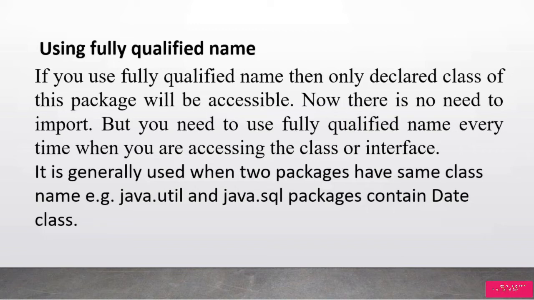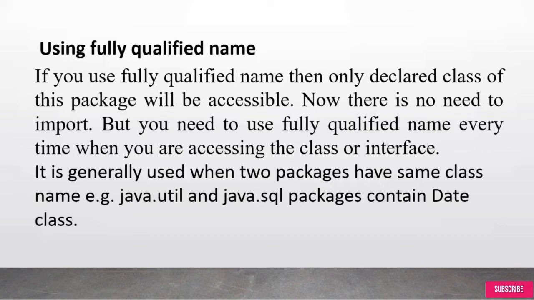Every time we need to write a fully qualified name because we haven't imported the specified class or classes or interfaces into our program. So we need to specify the fully qualified name each and every time, from so and so place we are getting this file.